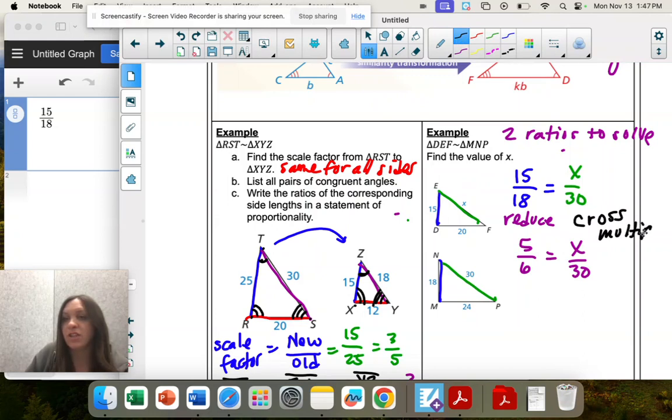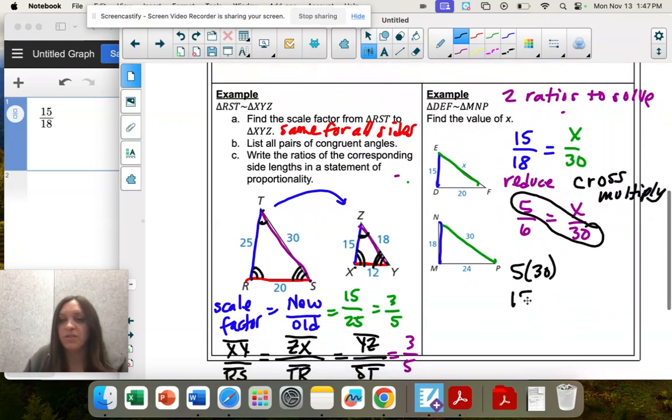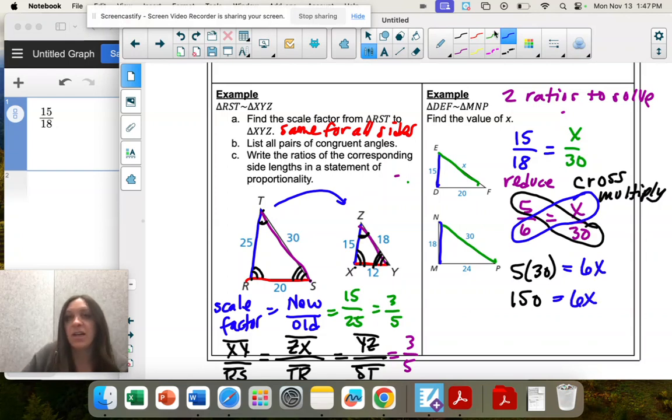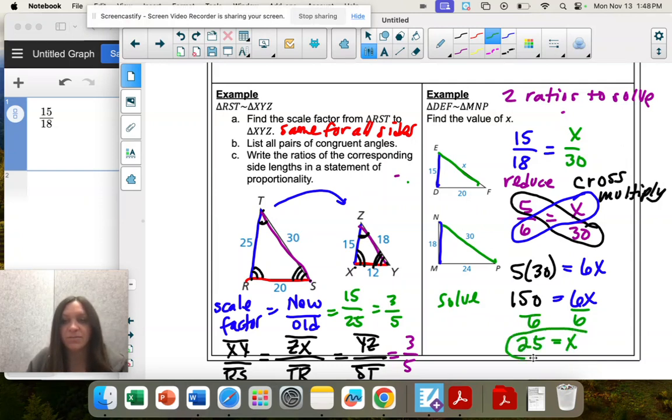When you have a fraction equal to another fraction, you take 5 times 30, which is 150, and then you set it equal to the other side, 6 times x, which is just 6x. And then you can solve as normal. So that gets rid of the fractions. So divide both sides by 6. 150 divided by 6 is 25. That would be my value. So this number is 25.